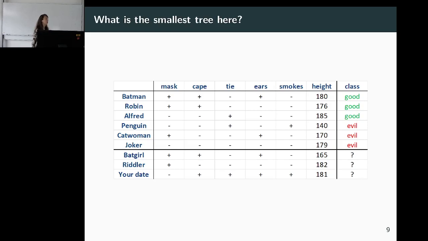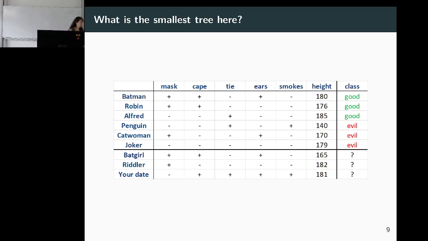So how many splits do we have? Two. Okay, that's nice. And which ones? For example, cape and tie. Cape and tie. So what do you want to ask? If the person wears a cape, so first cape, and if yes... Oh, okay, maybe that was not a good idea.